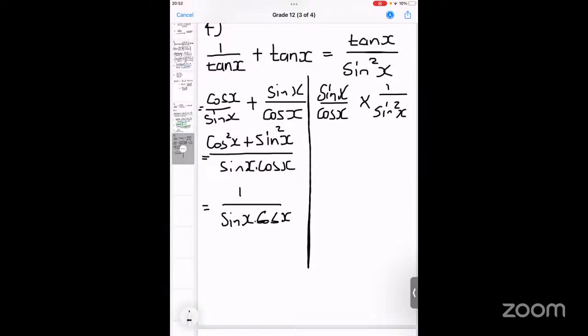It looks like it's done because when you cancel this with that, you remain with 1 over cos x times sine x. Do you agree there? Yes, sir. That was my final step, sir. Yes, then it means left and right are the same.